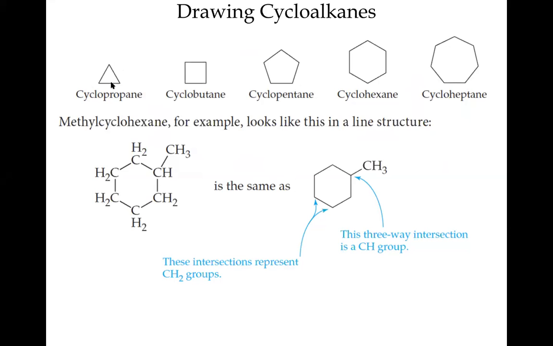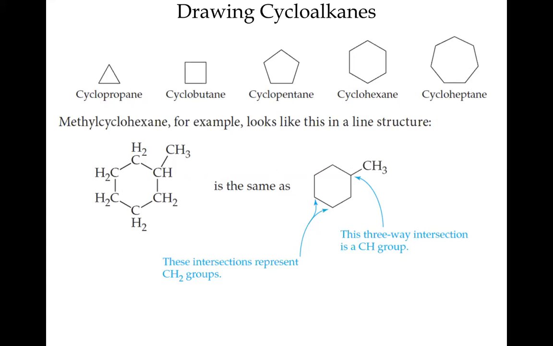Three carbons is propane, but if they're all bound to each other, it becomes cyclopropane, cyclobutane, cyclopentane, cyclohexane, cycloheptane, etc. The example here is a ring of 6 carbons. It's not aromatic because it doesn't have alternating double bonds.